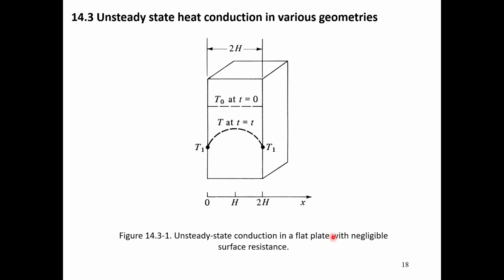But for this case, you assume that the surface resistance is negligible. The convective resistance is very small, and therefore the surface of this object also has the temperature of the surroundings. Because there is no convective resistance, the temperature at the surface is equal to that of the surroundings at any time t.